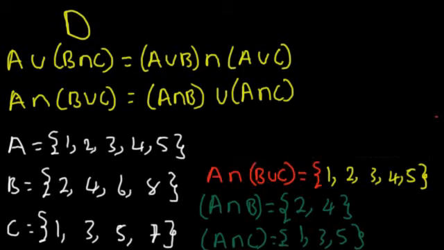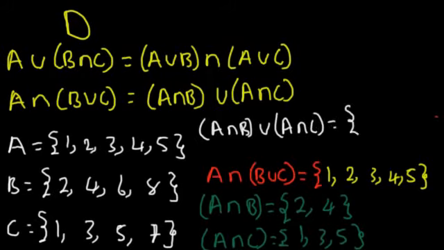Therefore, A intersection B union A intersection C will be equal to... we just need to combine the elements over here: 1, 2, 3, 4, and 5.